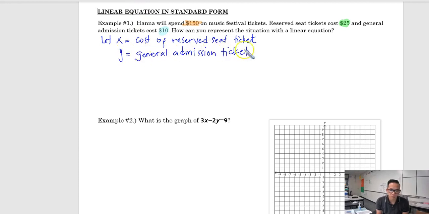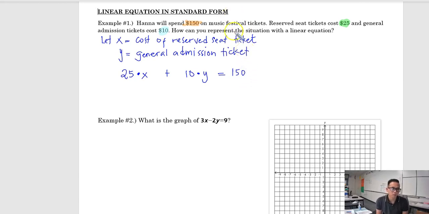Okay, so what we are going to do is set up. The cost per ticket for reserved ticket is $25, so we have $25 times x, the number of tickets that you are going to purchase, plus 10 times y. 10 is the amount of the general admission ticket, is equal to the total budget of Hannah, which is $150.